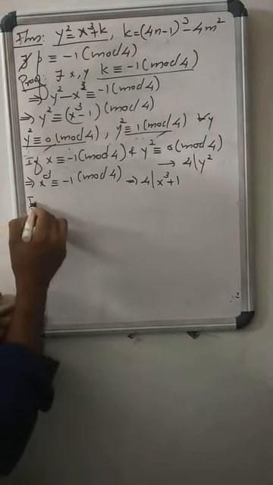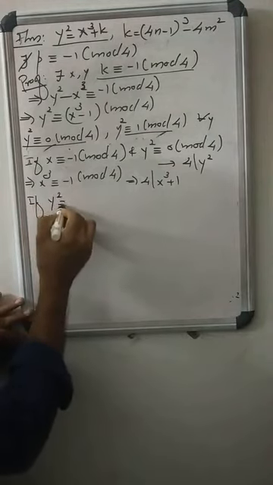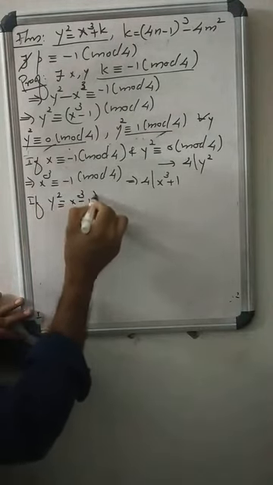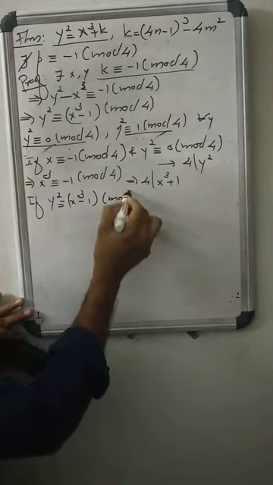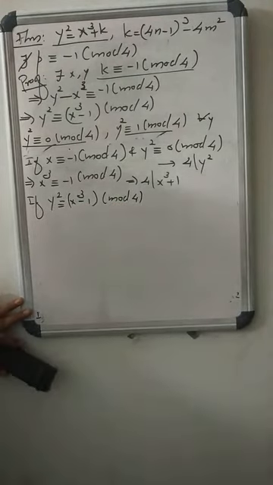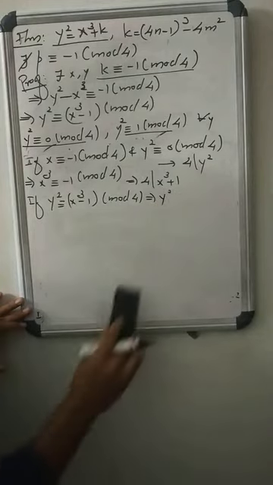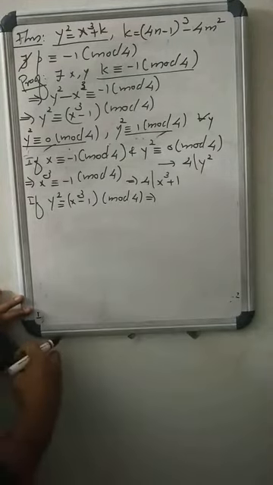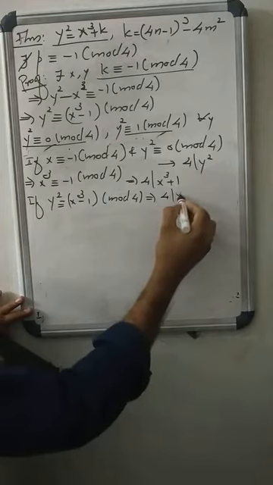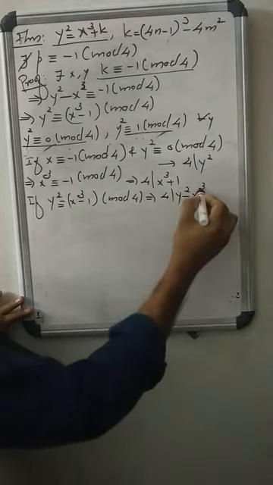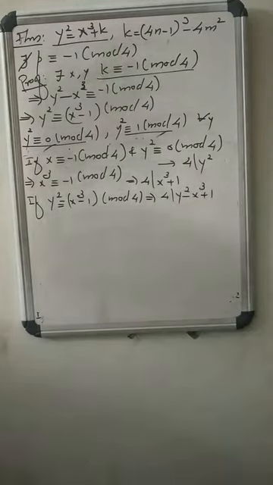If possible, if y square is congruent to x cube minus 1 mod 4, that means 4 divides y square minus x cube plus 1.